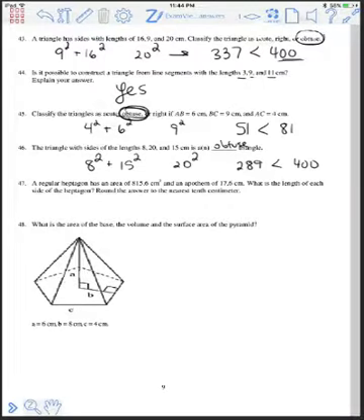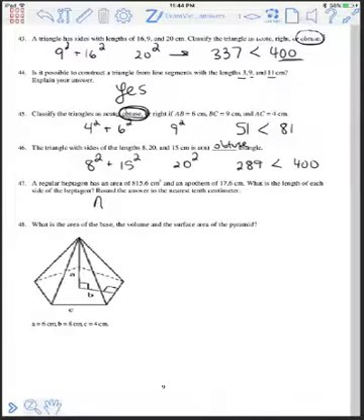Number 47. A regular hexagon has an area and an apothem. What is the length of each side? So the length of each side, if we had the perimeter of this hexagon, we could divide the perimeter by 6 because there's 6 sides. But we don't have the perimeter, we have the area.